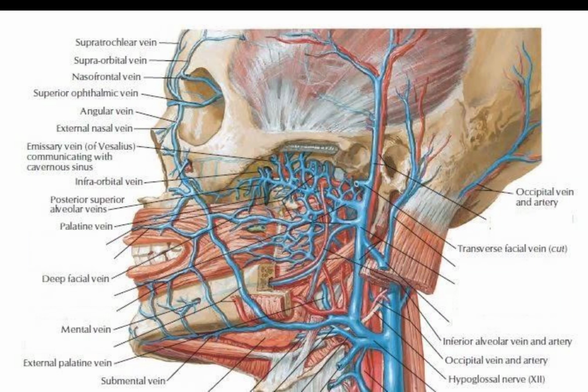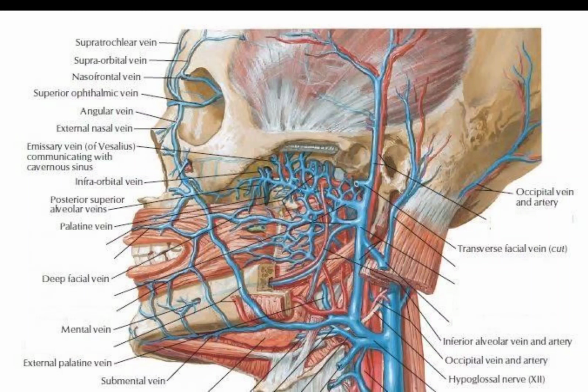In the face, the superficial temporal vein and maxillary vein join together to form the retromandibular vein. Then this retromandibular vein collects most of the veins of the face and neck region.